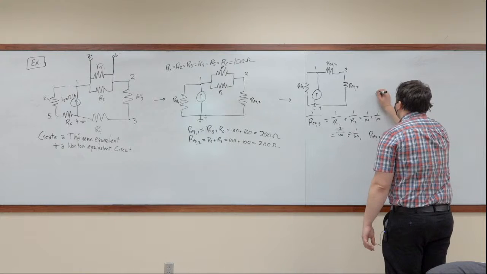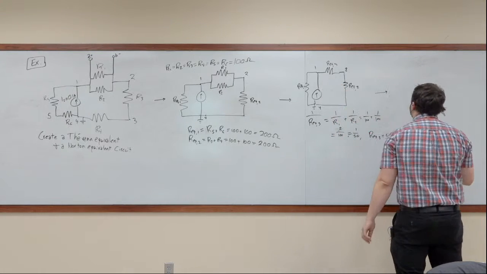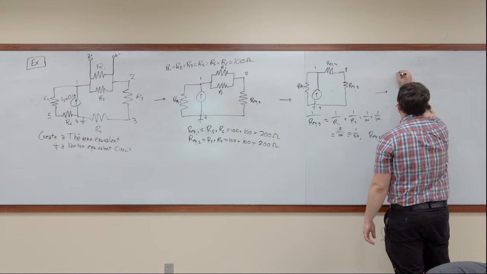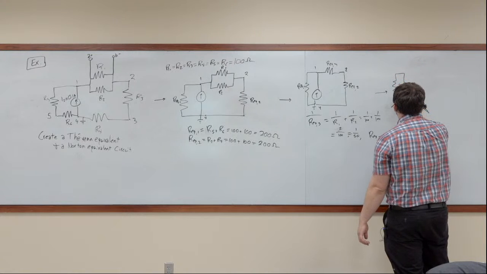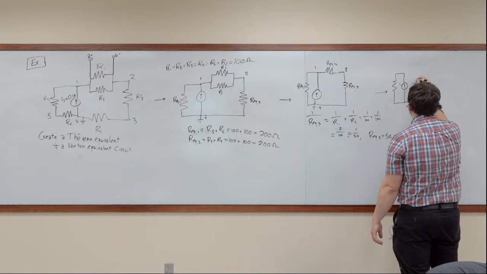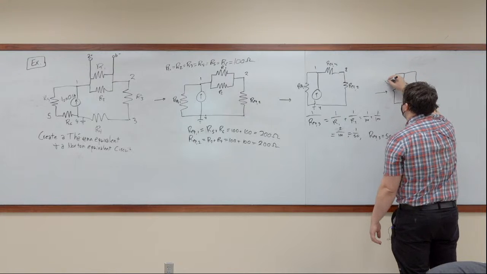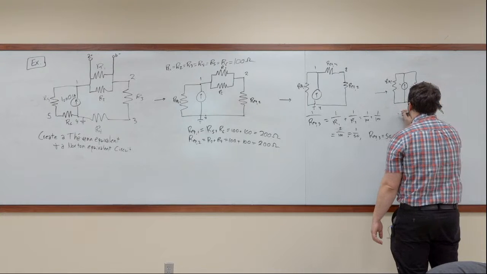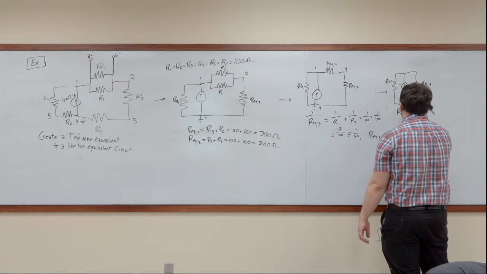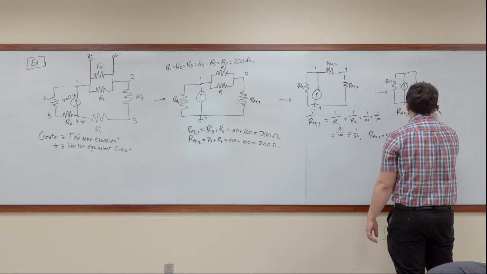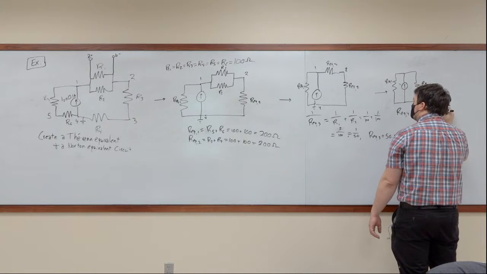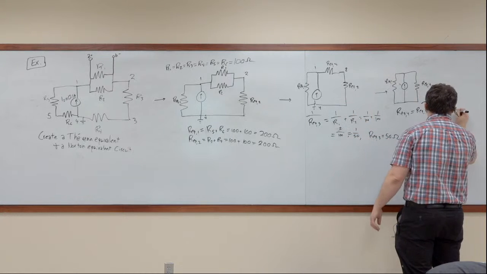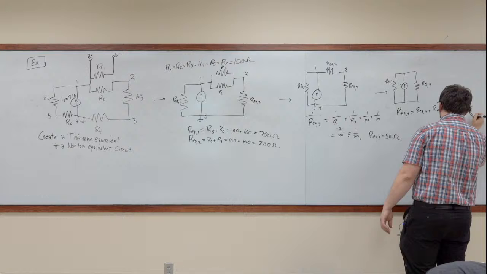Okay? Next step, we have 2 resistors in series. So the next circuit is where this is REQ1 and this is REQ4. Here, REQ4 is equal to REQ3 plus REQ2, which is equal to 200 plus 50, which is equal to 250 ohms.